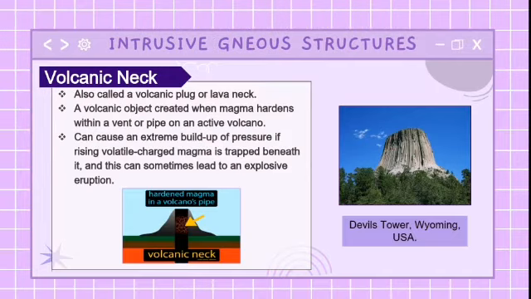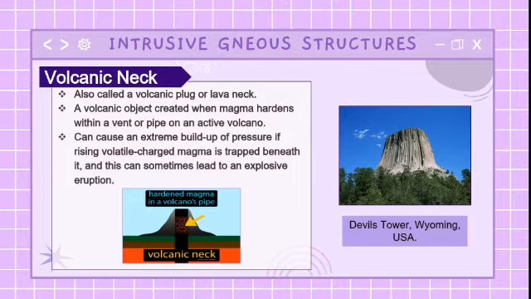Now, let's go to the last one, sa intrusive igneous structure. So, volcanic neck. A volcanic neck is also known as a volcanic plug or lava neck. It's a volcanic object created when magma hardens within a vent on an active volcano.